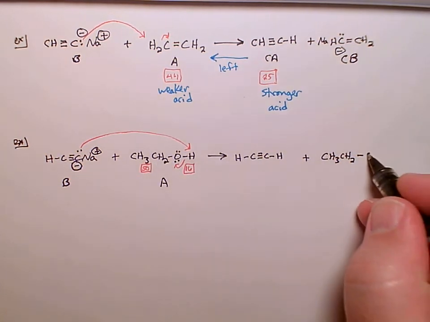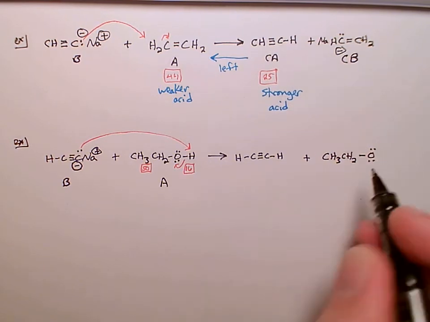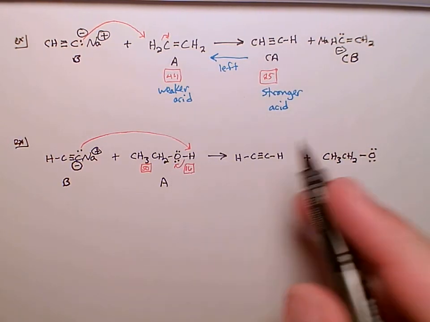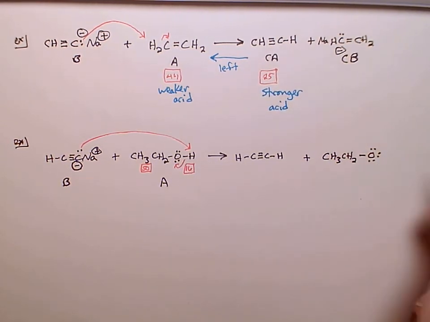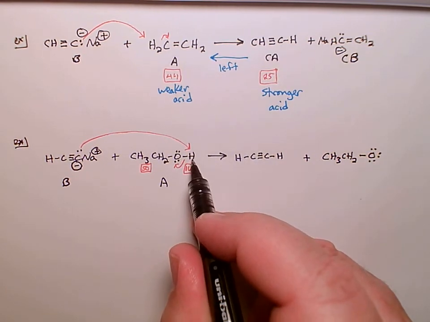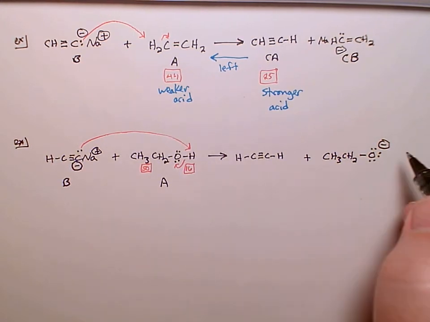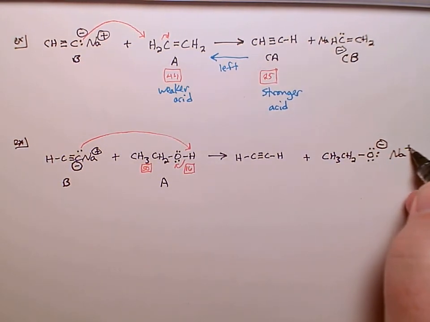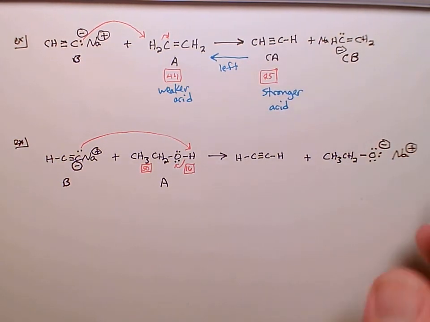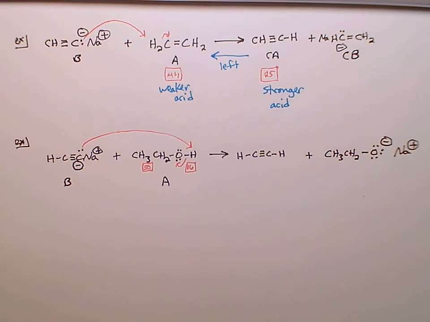So all I know is this oxygen now had its 2 lone pairs originally. It's got a 3rd lone pair from that single bond. This left is H+, therefore this is negatively charged, and my sodium is hanging around here just watching the whole reaction occur. So, there we go.